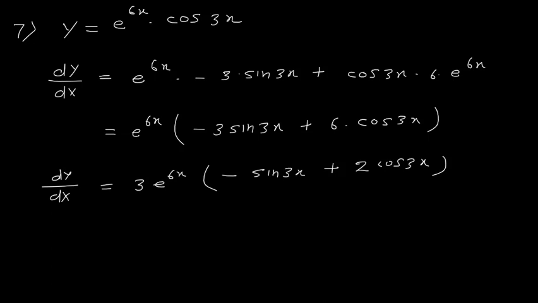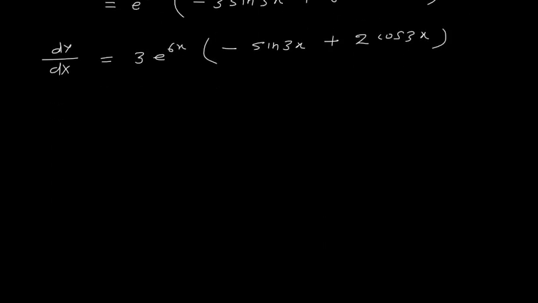This is the seventh problem. Now we have to differentiate it again. So d square y upon dx square is equal to, now this 3 I will keep as it is, u that is e power 6x into the derivative of v.